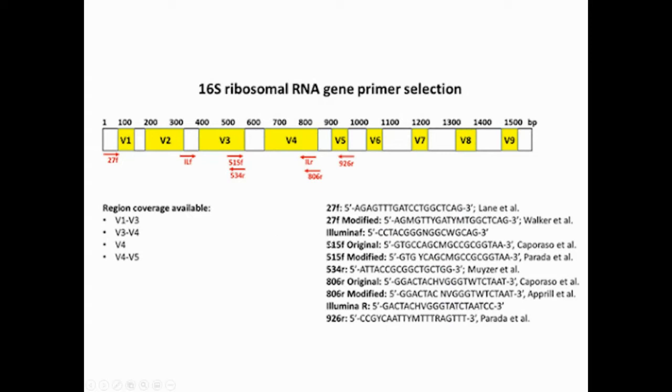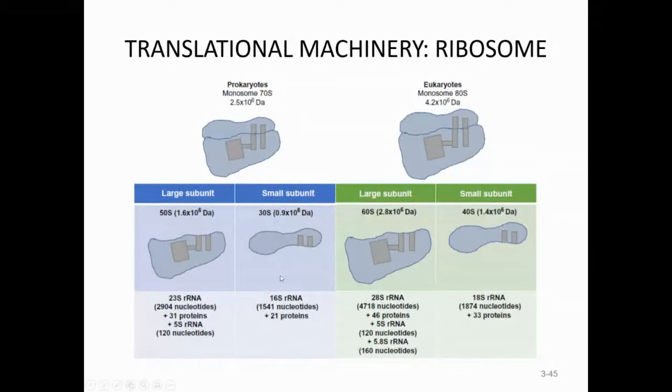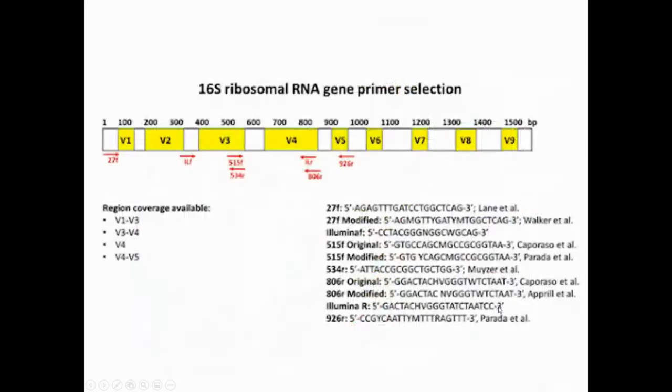Oh, so it doesn't have to do with complexity. No. For example, the 16S is about 1500 nucleotides long, and for the eukaryotic cell, the 18S is about 1800 nucleotides. I see now.